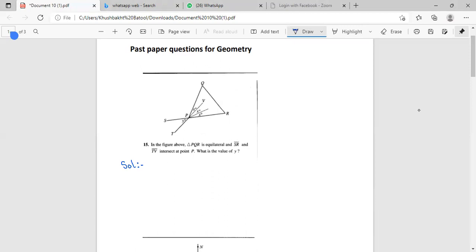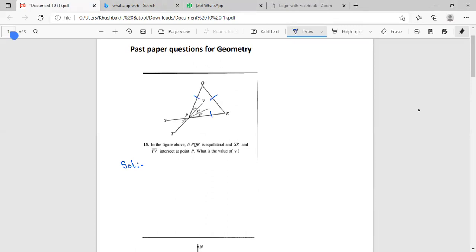Okay, so the first question is: in the figure above, the triangle PQR is equilateral. Let's just stop here. If this triangle is equilateral, we know that these three sides must be equal, right?